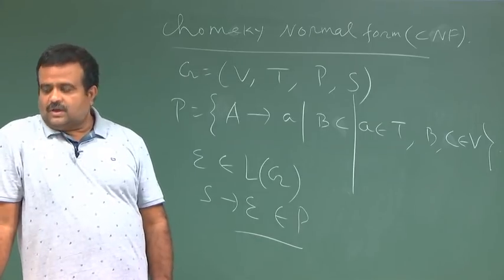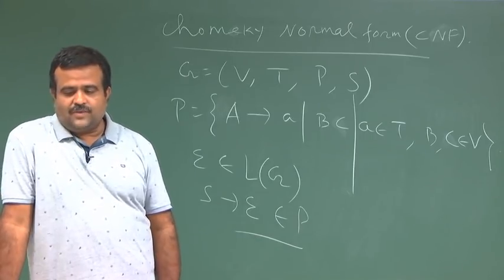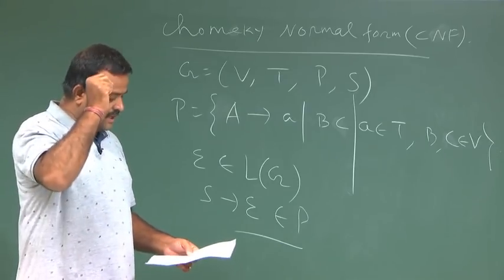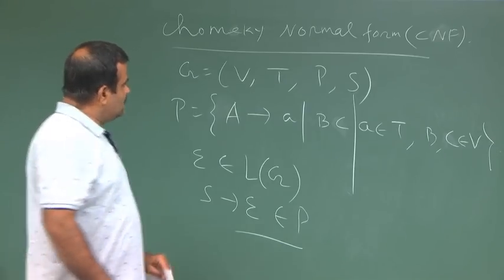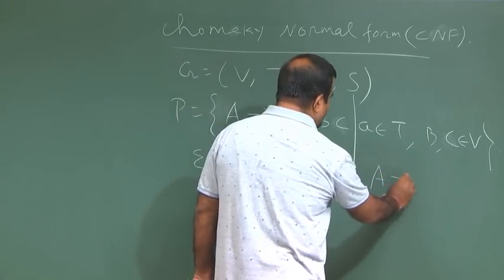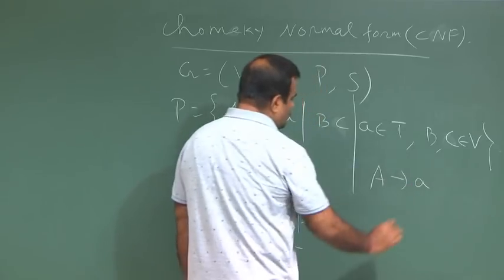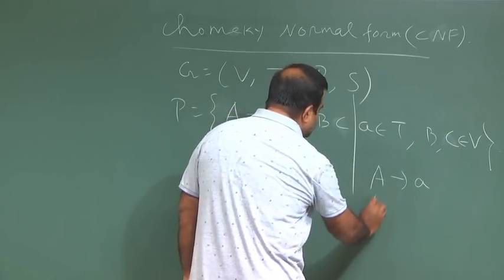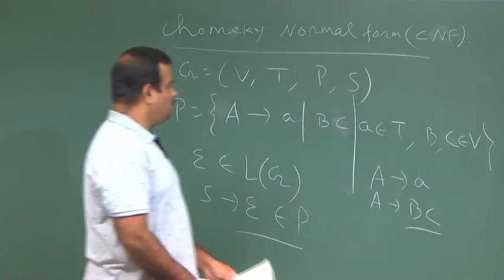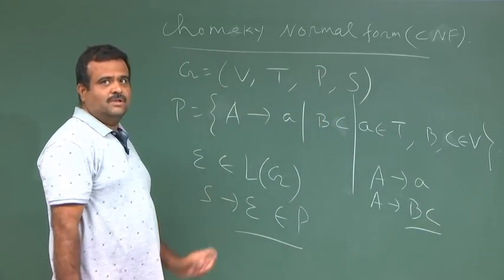So, if all the productions are of this form, then we call this CNF, Chomsky normal form. All the productions will be either A is going to some terminal, or A is going to the concatenation of two variables.